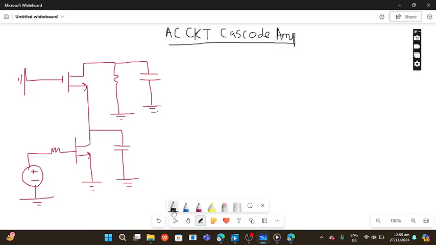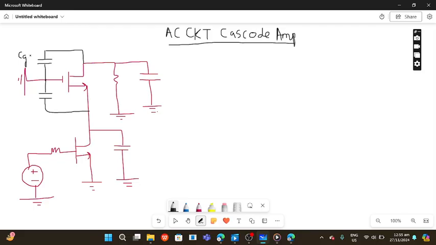Now it's time to add capacitors. Here we have CGD and CGS. It is connected with this and it is connected here. Its name is CGS.